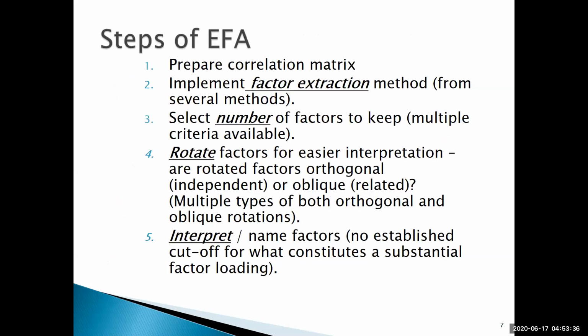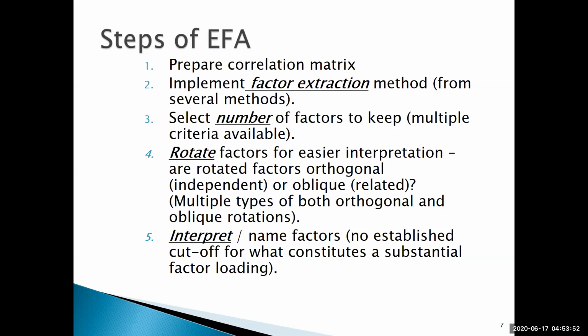So, steps of exploratory factor analysis. You prepare a correlation matrix, implement a factor extraction method, so it is to identify the factors. There are several methods. Most common these days is maximum likelihood.